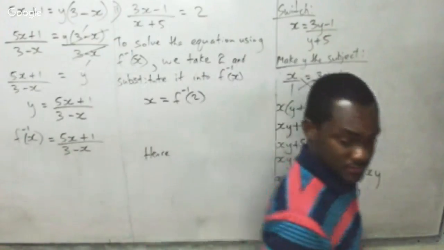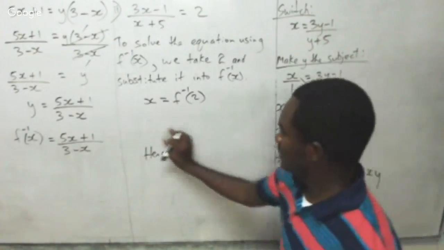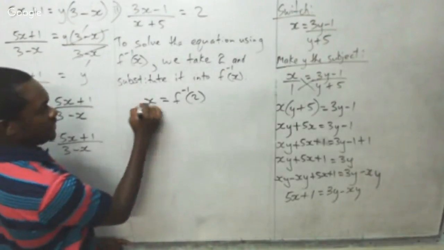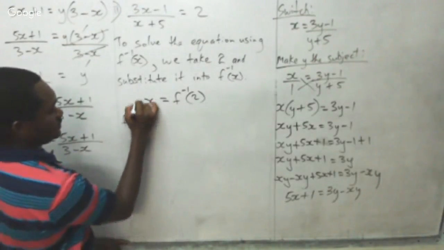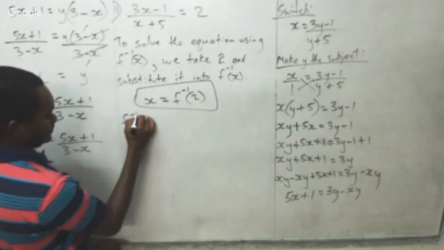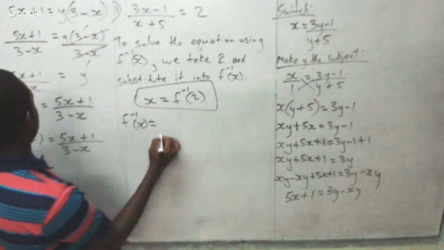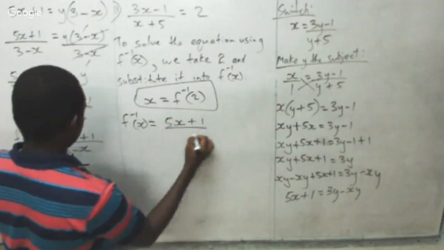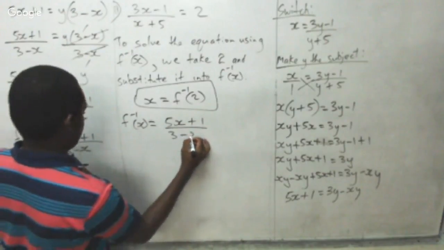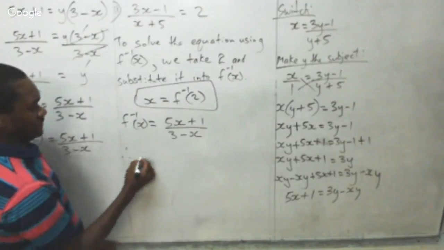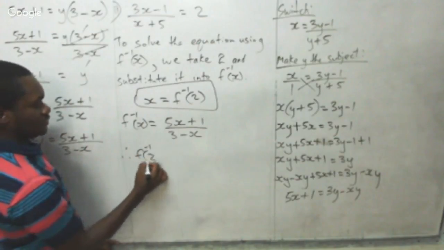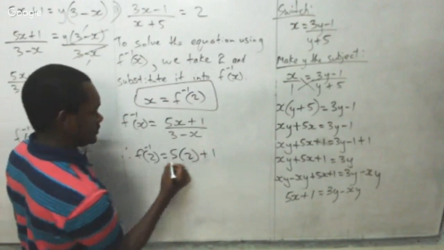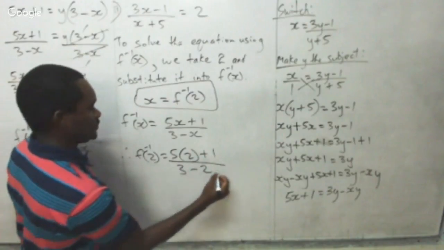So f inverse, we know, is 5x plus 1 over 3 minus x. Therefore f inverse of 2 is 5 times 2 plus 1 over 3 minus 2.